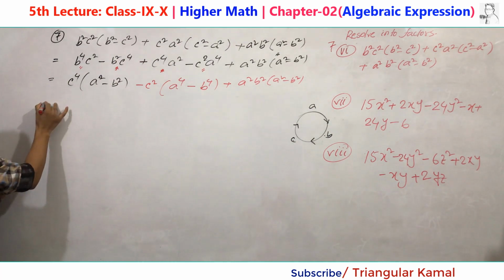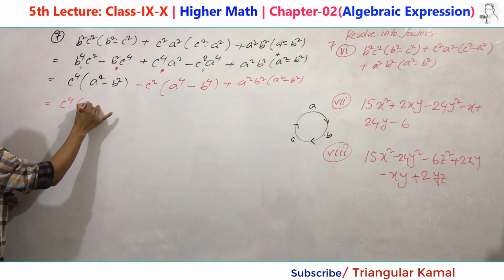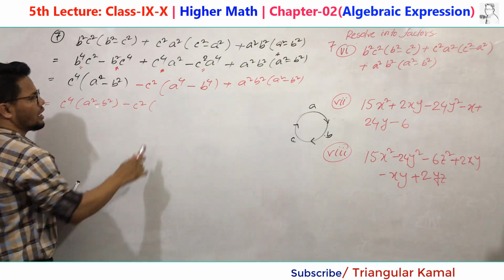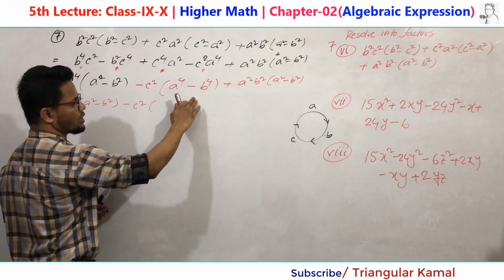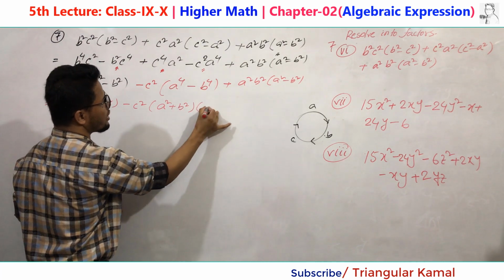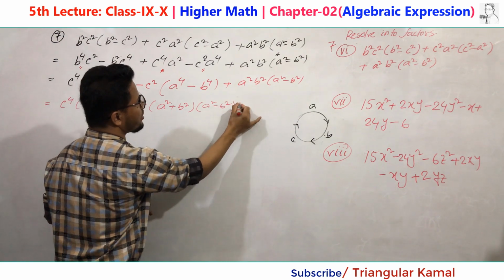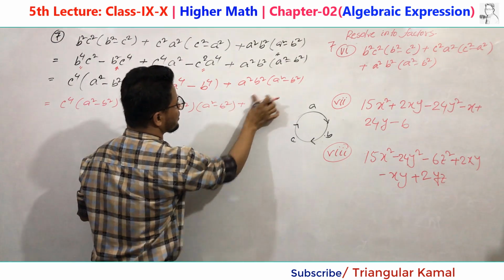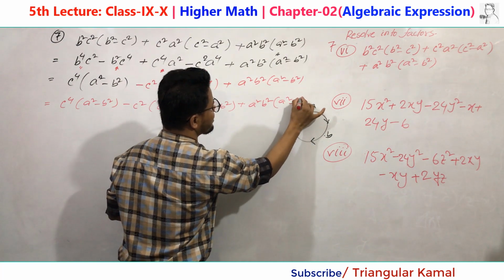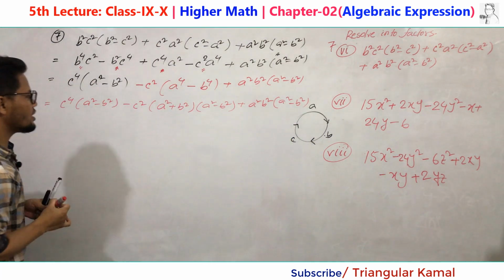And we can write here c to the power 4 times a square minus b square, minus c square, and using the formula a to the power 4 minus b to the power 4 as a square whole square minus b square whole square, we can write a square plus b square and a square minus b square, and the right one is a square b square times a square minus b square. Which part is now common?